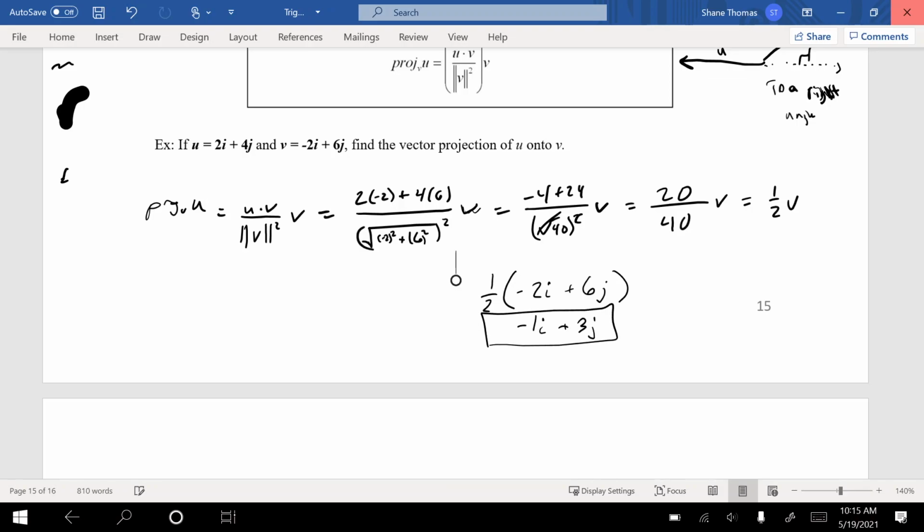And that would be my projection vector. You could write it as -I or -1I, either one. Both mean exactly the same thing. All right? So that would be how you find the projection of one vector onto another.